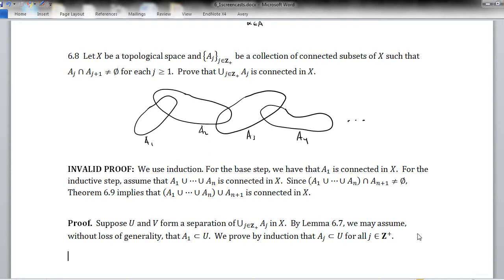All right, so how does this go? Well, we have the base step right here already, that A1 is in U, and so now we're going to assume that any A sub n is a subset of U. And, well, we know that A sub n and A sub n plus 1 have a non-empty intersection.